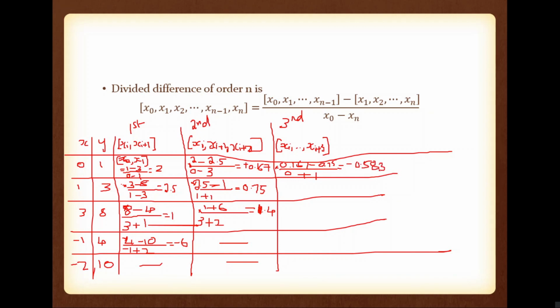Okay, very good, all of you. Now what about the next element? The numerator is 0.75 minus the next element 1.4, divided by, denominator, the current value is 1. Now the third next element of 1 is 1, 2, 3, minus 2.